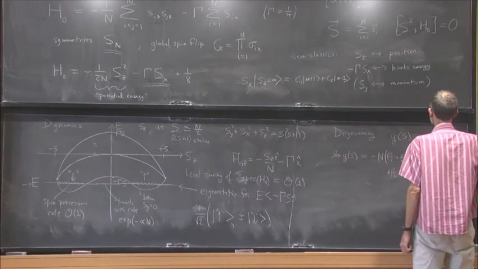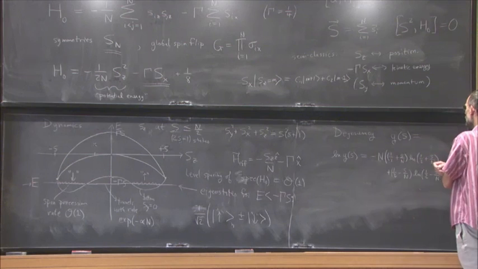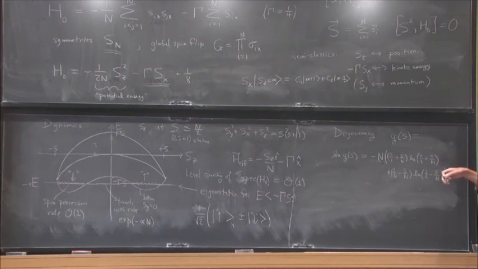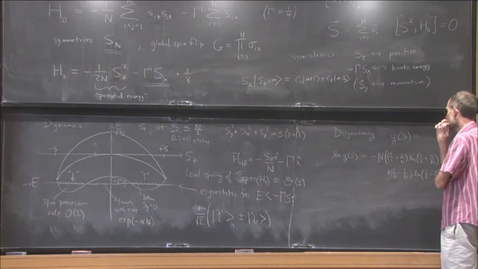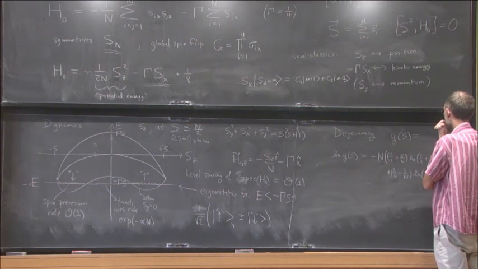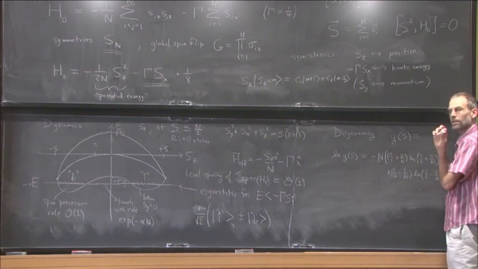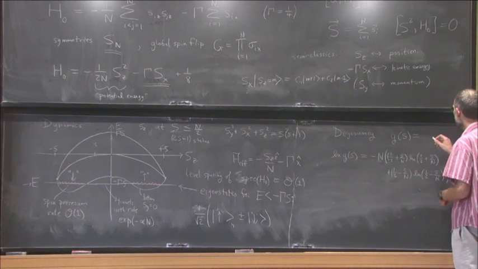So this is the extensive part, right? This is only true to order n. There are corrections. Now let me get this right. Well, it's the difference of two binomial coefficients.